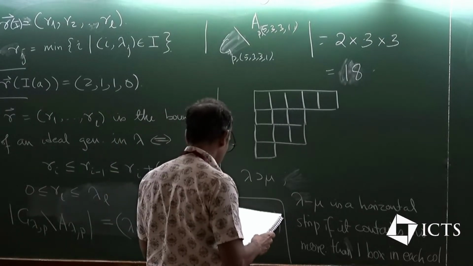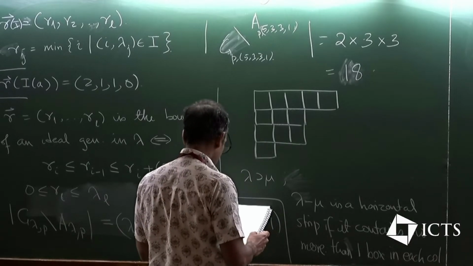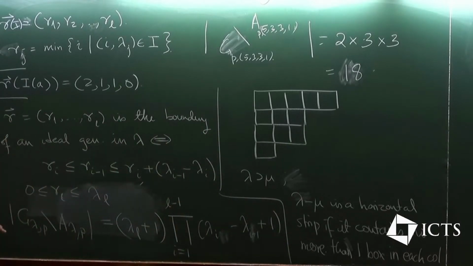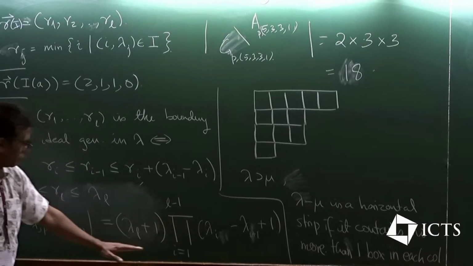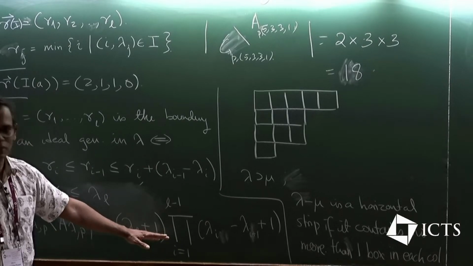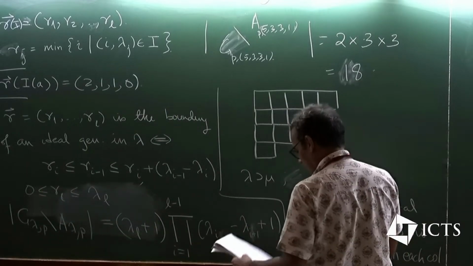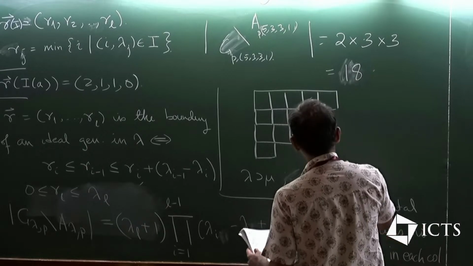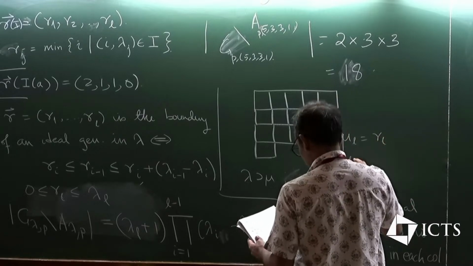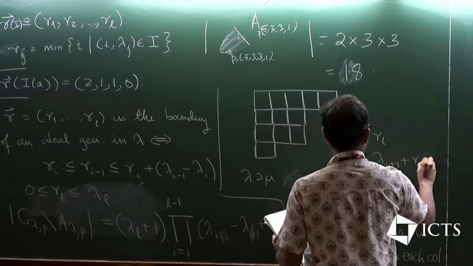So what I want to say is that given this number, you may have seen it if you're trying to compute the number of partitions mu such that lambda minus mu is a horizontal strip. What it is, you can compute it from R as follows. So mu L equals RL, mu I equals lambda I plus 1 plus Ri minus Ri.